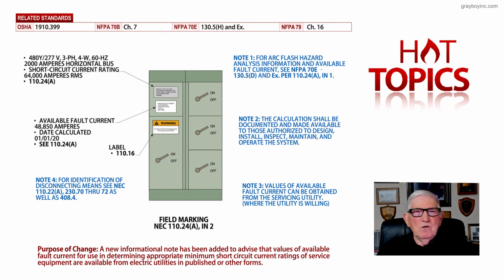Now notice to the left of the illustration at the top, the short circuit current rating of the equipment is 64,000 amps in accordance with 110.24(A). The available short circuit current is 48,850 amps. The date it was calculated was the 1st of the 1st of 20-something.